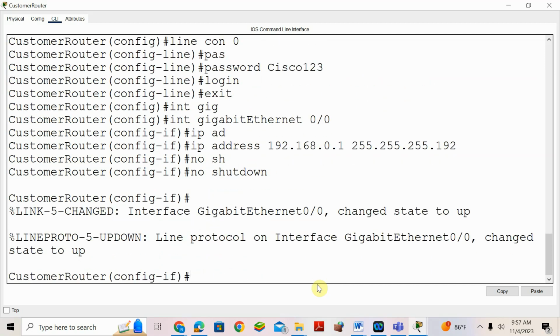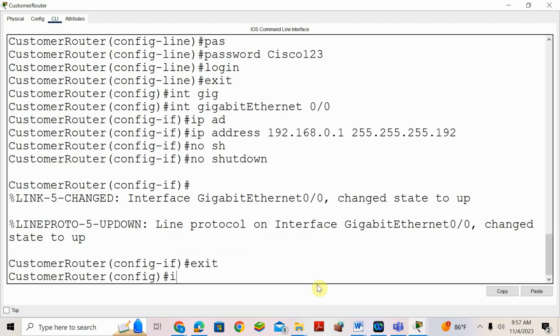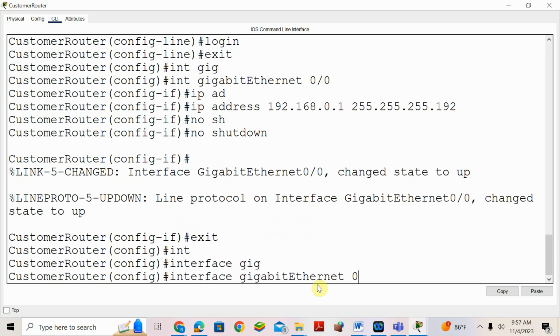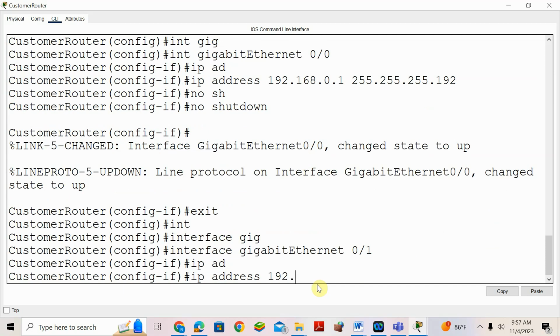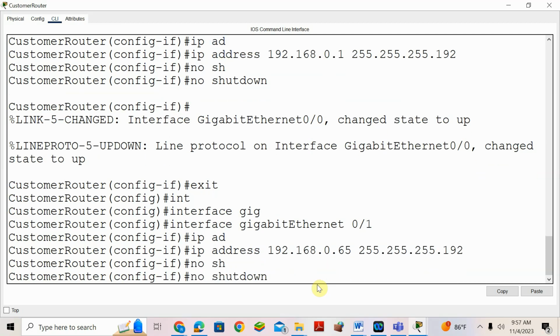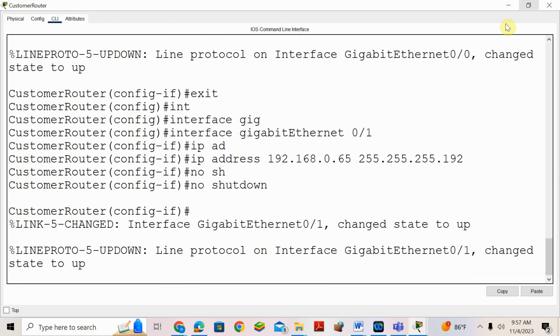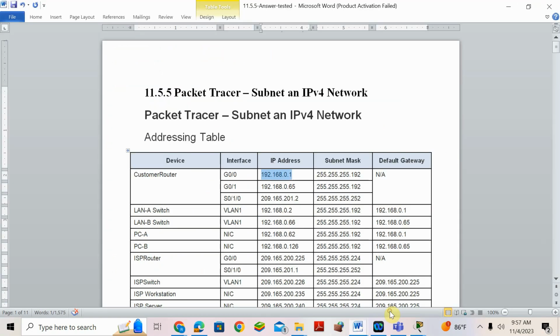Okay, now exit, go to 0/1, interface GigabitEthernet 0/1, IP address 192.168.0.65 255.255.255.192, no shutdown. Okay, this is done.